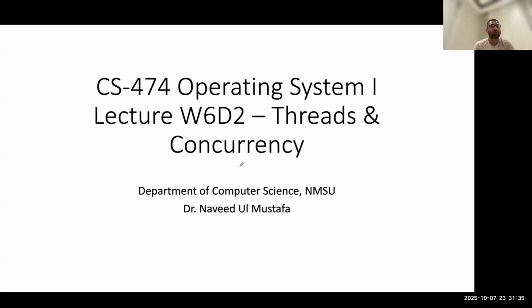Remember when we started talking about threads for the first time, we said that two threads belonging to the same process will share some components of the address space. For example, they will share the code segment, the data segment, and the heap, but they will not share the stack, the registers, or the program counter.